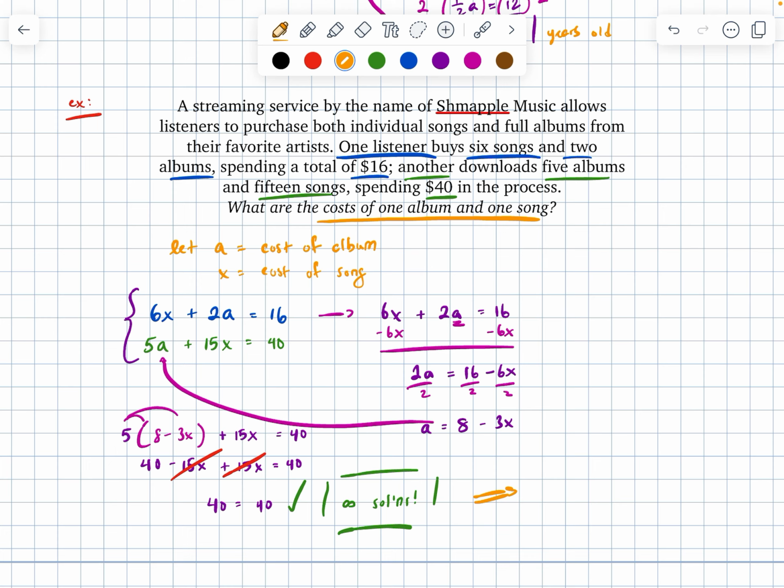In context here, what that tells me is that I do not have enough information to conclusively say what the price of one song or one album is. I have infinitely many possible correct options.